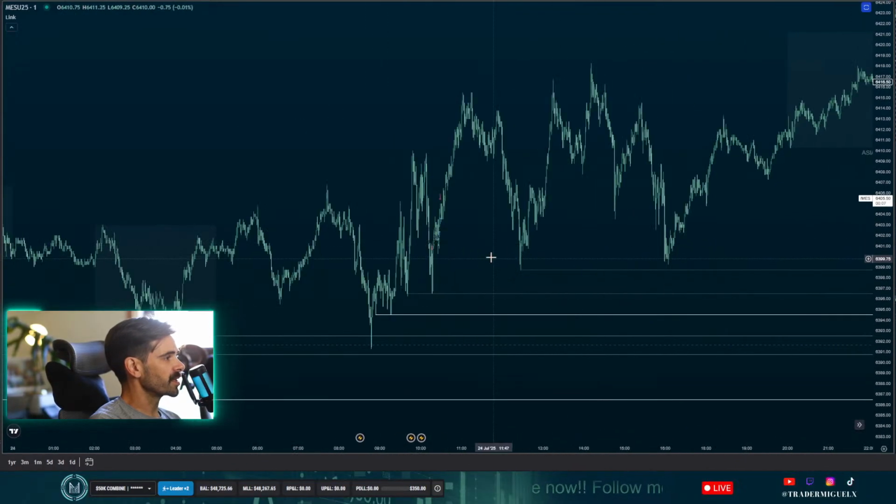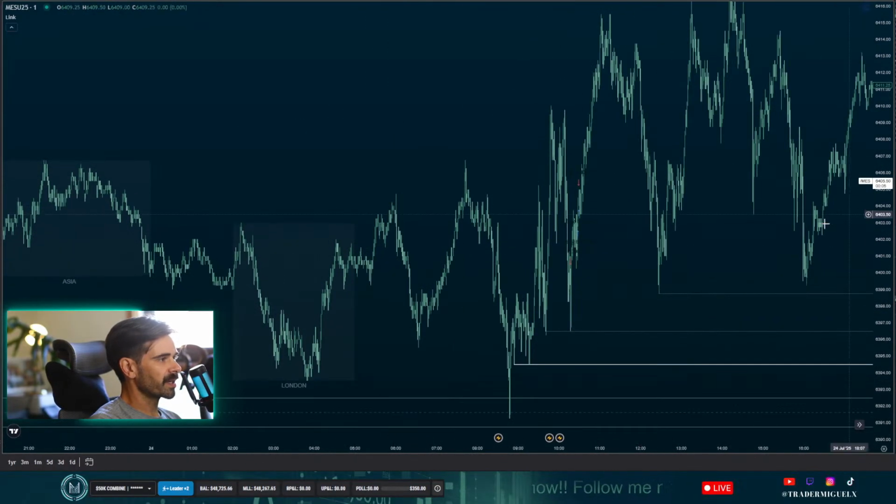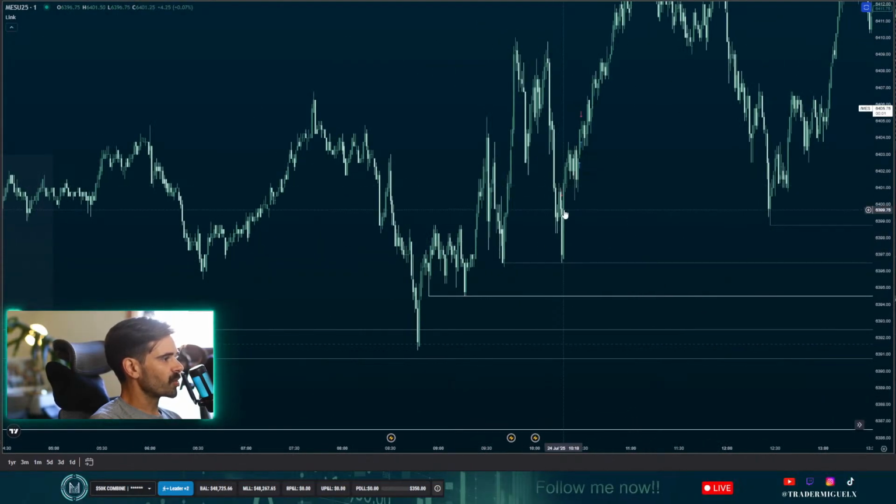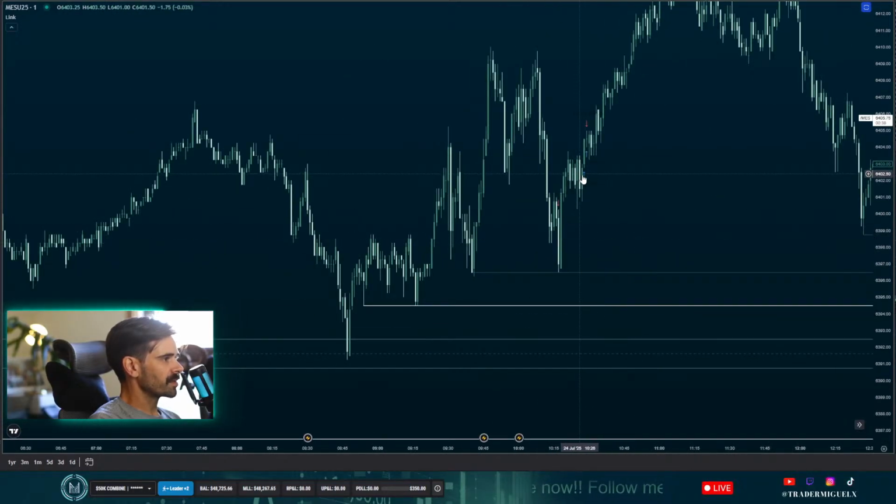First of all, yesterday was a frustrating day since I was wrong with the idea that price would come to these relative equal lows here. So I entered the short here, anticipating a drop down right from here, but I was late with my entry and then got stopped out.